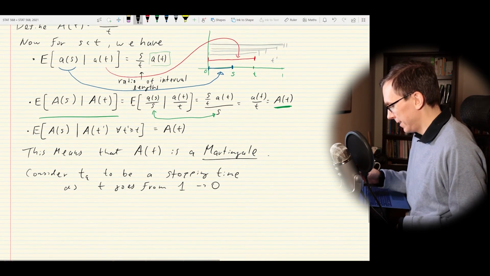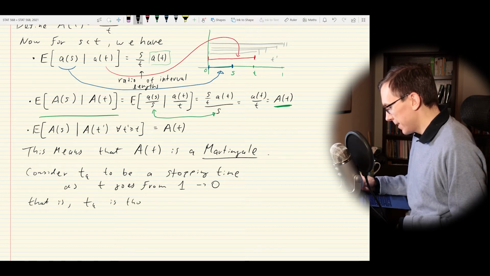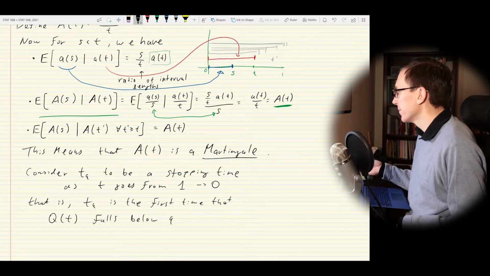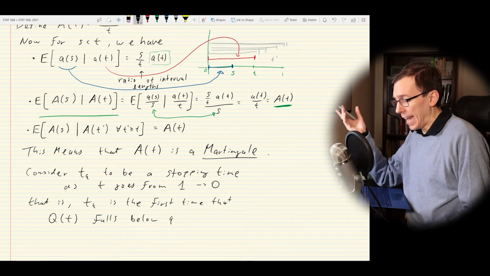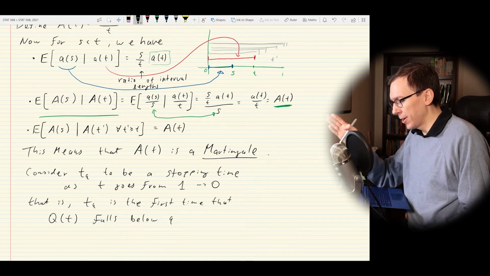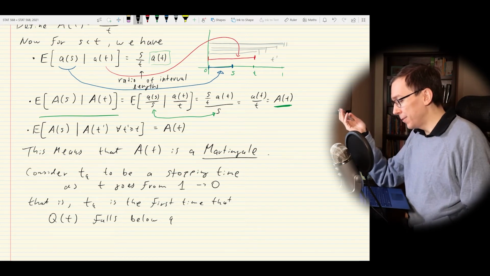So basically, I'll say that TQ is the first time that QT falls below Q. It's really just saying, I don't know when this is going to occur, but as we move T from 1 to 0, eventually QT will fall below the value Q.